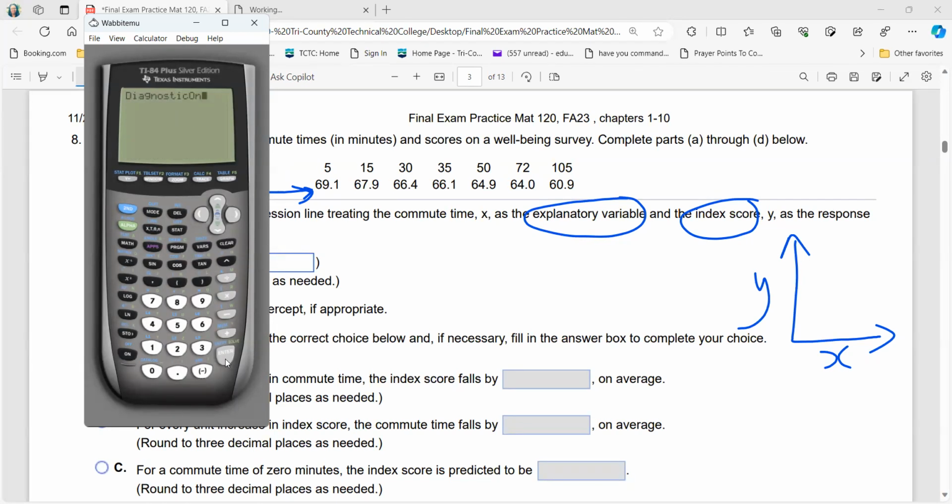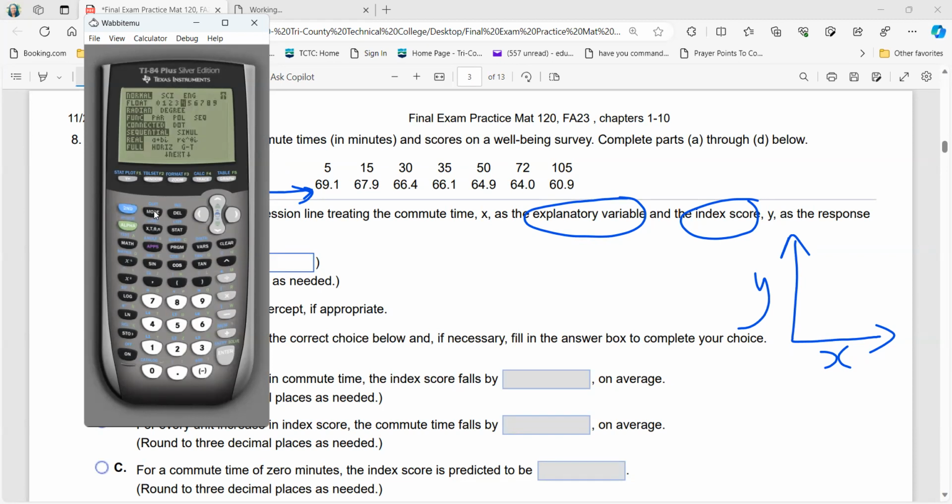Then I'll select again, so it's turned on. The essence of doing this is so that I will have my R and R squared. Also, I don't like long decimal points, so I can go to mode and turn my float to maybe 3 or 4 decimal points. That way I don't have a long 9-digit decimal.